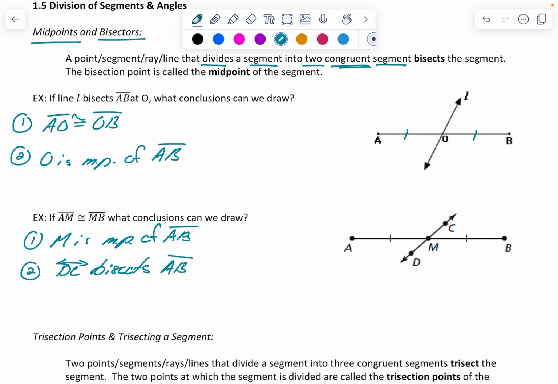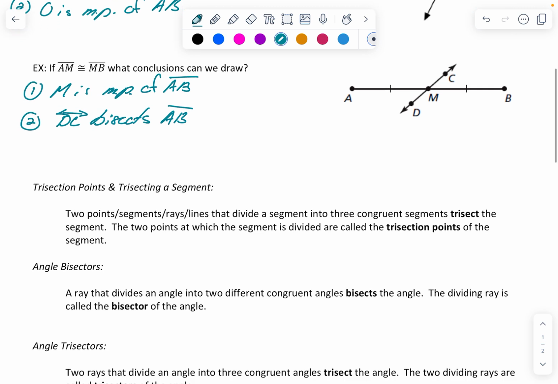And we do these things both ways, because with proofs, sometimes you might be given something as a bisector, and then what conclusions can we draw from that? Or you could be given that these two segments are congruent, and we need to draw the conclusion that something is a bisector.